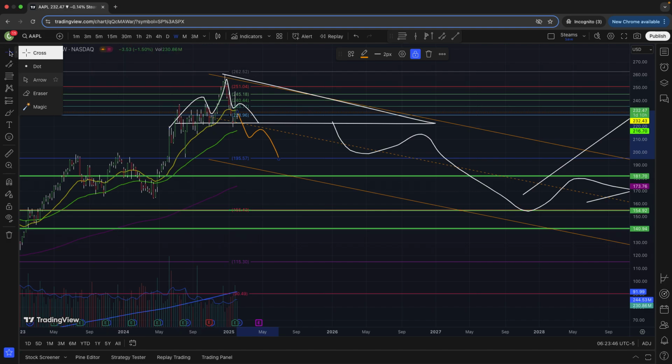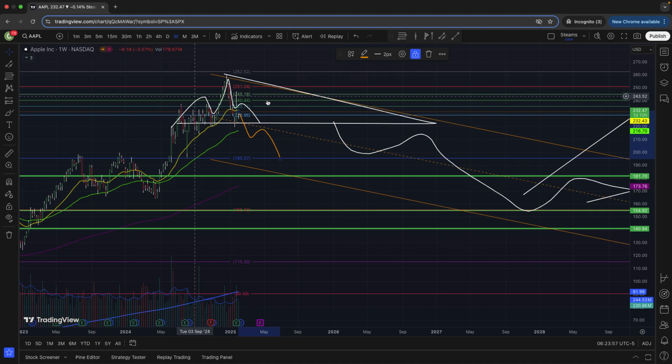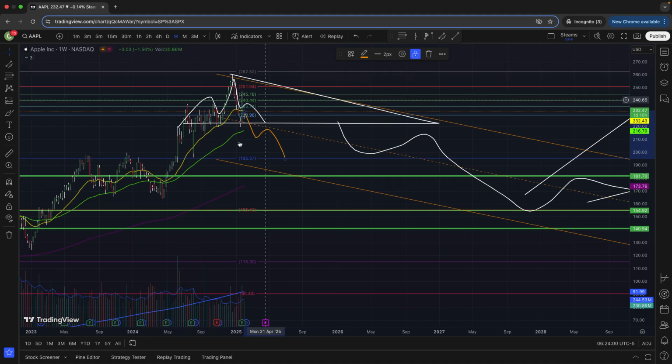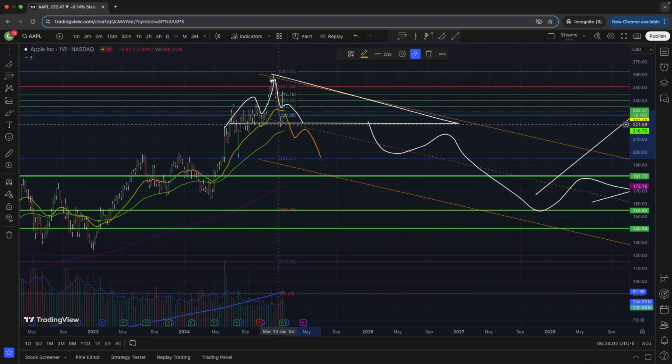It was institutions that are either shaving their position in Apple or cashing out, whatever they're doing. The point of the matter is they are distributing their equity, which is the shares of Apple, amongst retail plebs who are trying to buy into it without realizing that this is a distributional schematic.